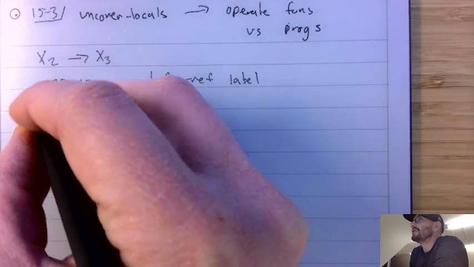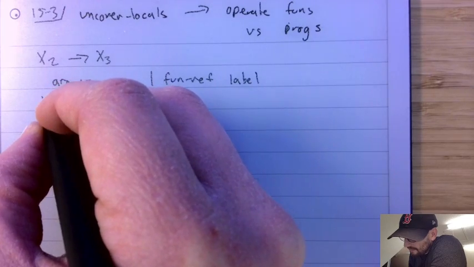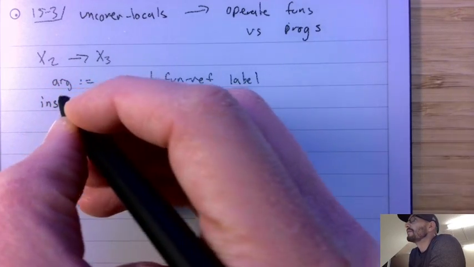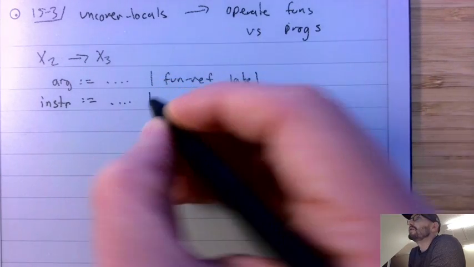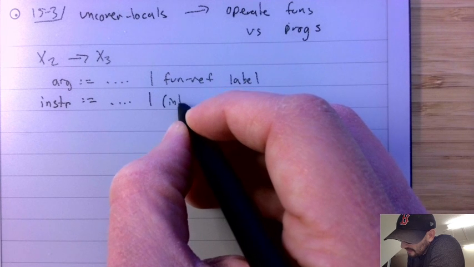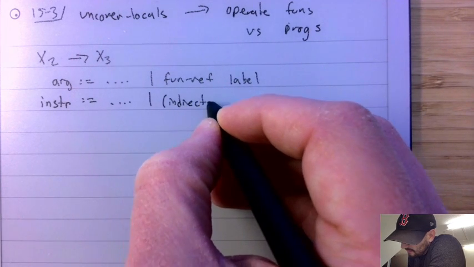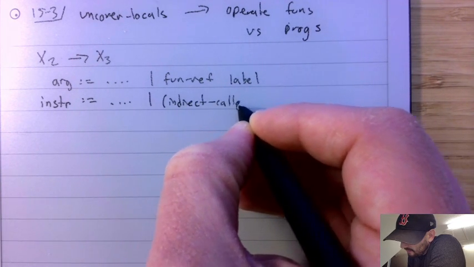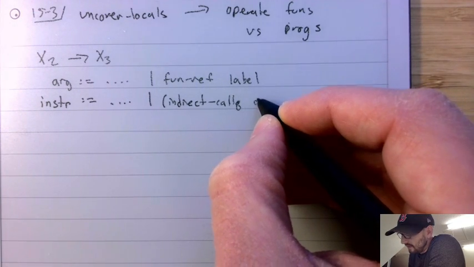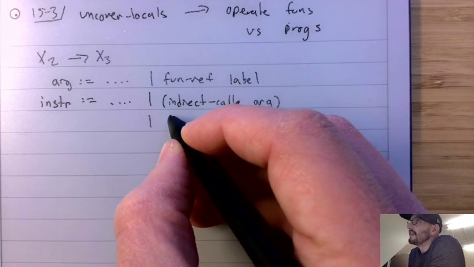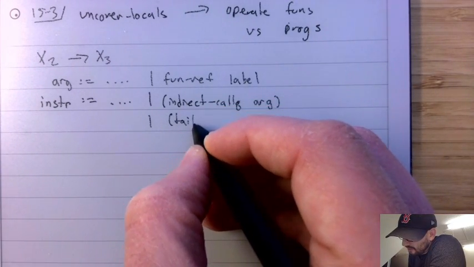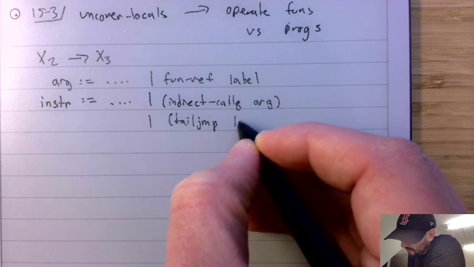We're going to add 2 new instructions. These new instructions are going to be an indirect callq of the argument and something that's going to be called a tail jump to a label.